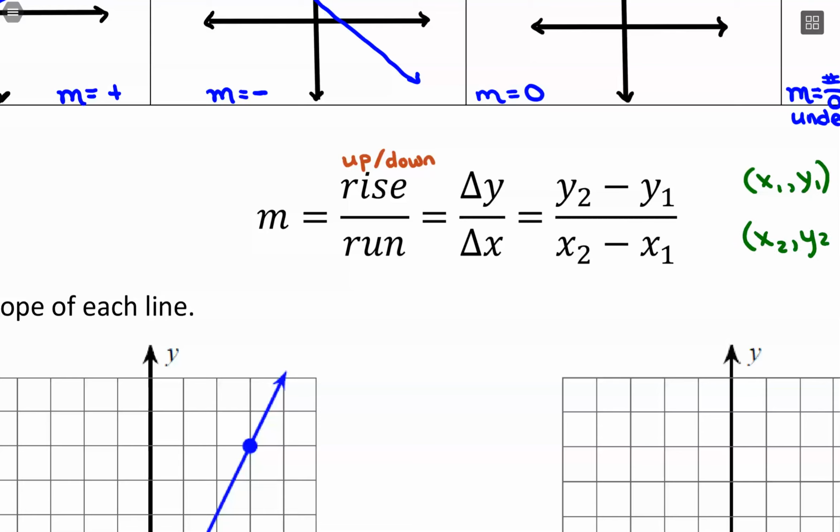Run is how we move right and left, which is along the x-axis. So in the denominator, we're thinking about how x changes, or we could think about this difference between the two x coordinates. Moving to the right is going to be associated with a positive value, and moving left will be associated with a negative change in x.